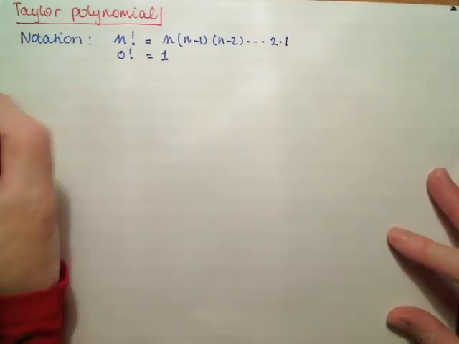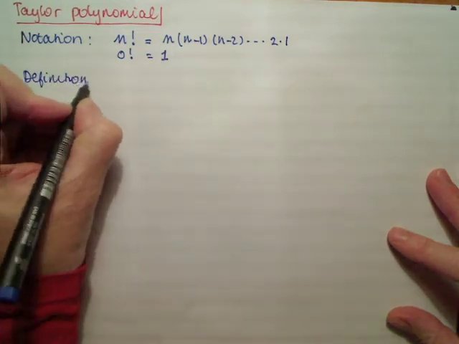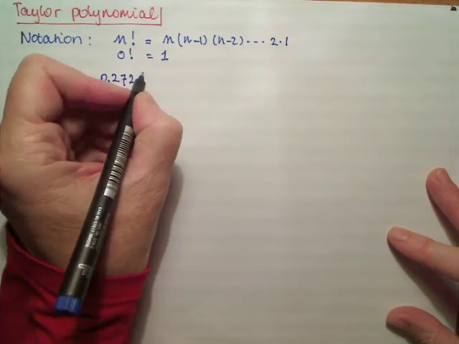Now we get to the definition of the Taylor polynomial. And you can find this on page 272 of the book.